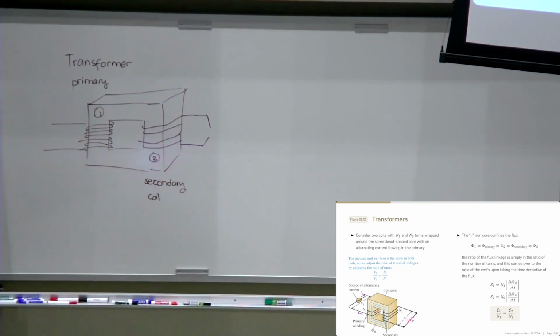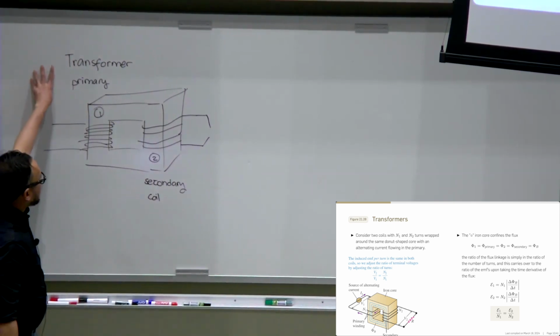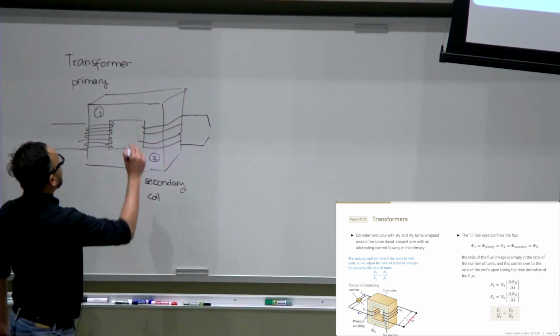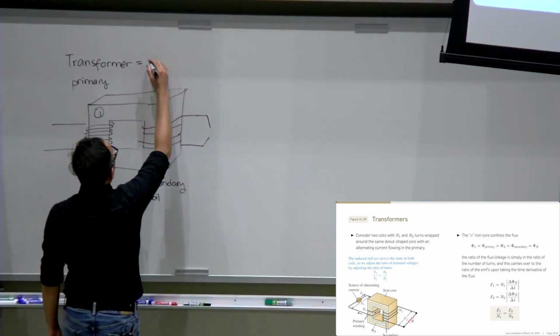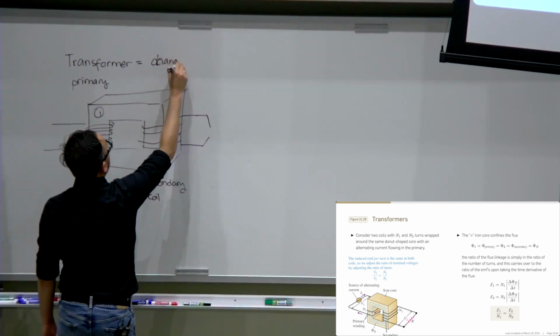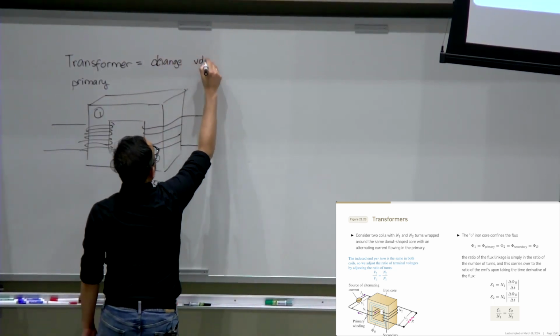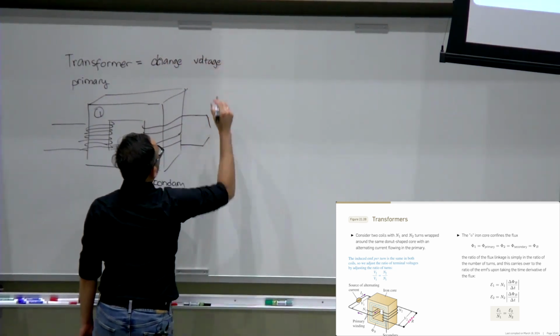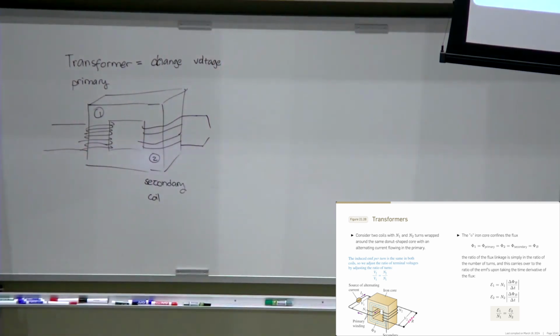One thing that I forgot to mention is, what is the function of transformer? The goal of a transformer is to change voltage. And it can be from 220 to 110 volts, or from 1,000,000 volts to 110 volts.